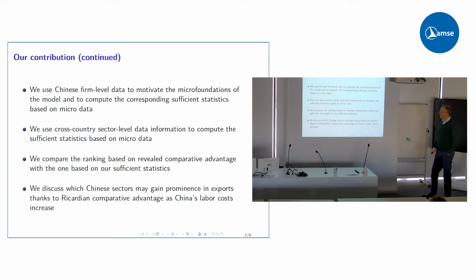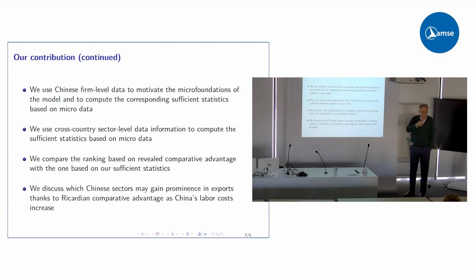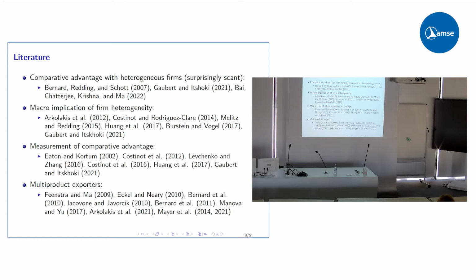We compare the ranking based on revealed comparative advantage with one based on the sufficient statistics to see what the difference between the two is. And then we go back to this example question: we discuss which Chinese sector may gain prominence in exports thanks to the emergence of Ricardian comparative advantage when the labor cost advantage disappears.